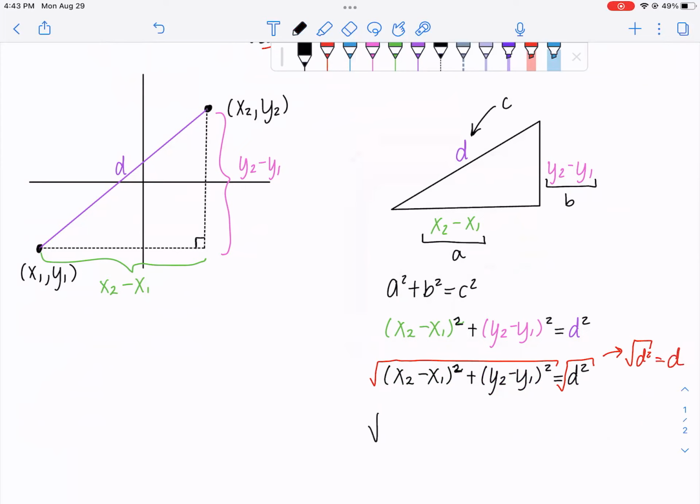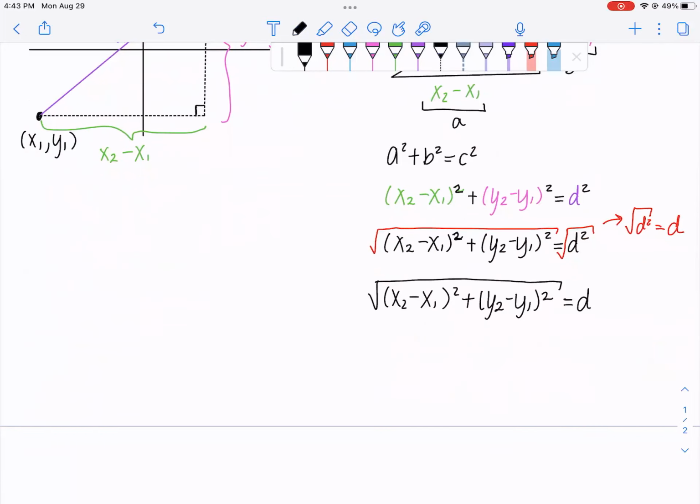So the square root of x2 minus x1 quantity squared plus y2 minus y1 quantity squared is equal to d, and that is our distance formula between 2 points.